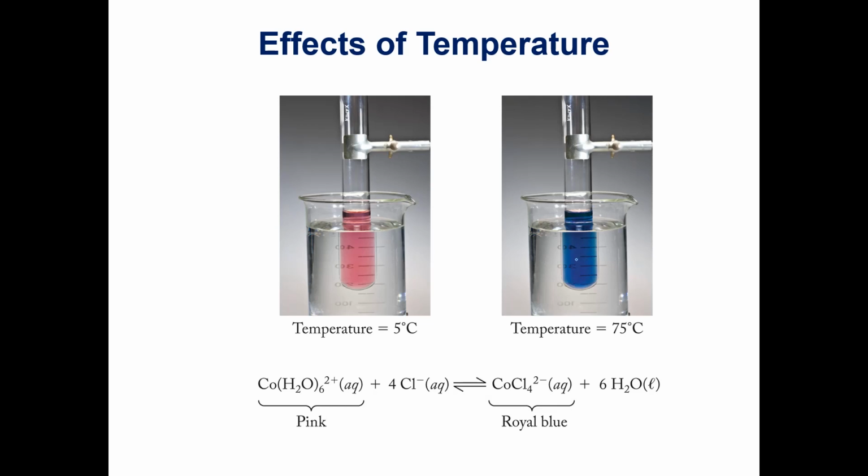So we can see as we increase the temperature, we shift this reaction towards products. So this reaction is endothermic. One of our reactants here would be heat. So as we add heat to this, we shift towards the products.